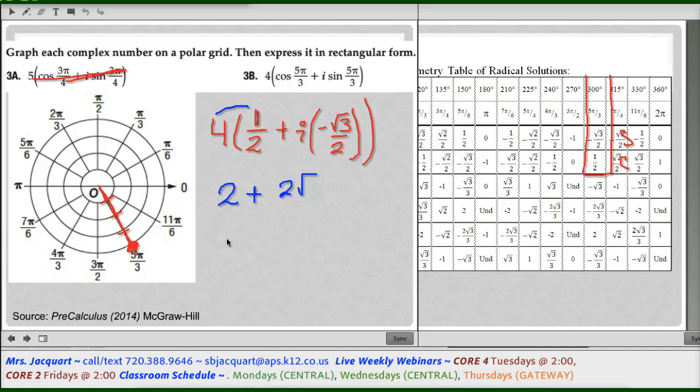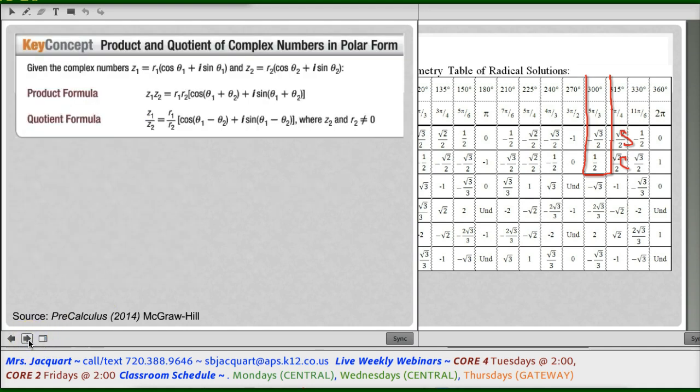That wasn't a plus at all, that was a minus. Minus 2 square root 3 i. That's our answer.